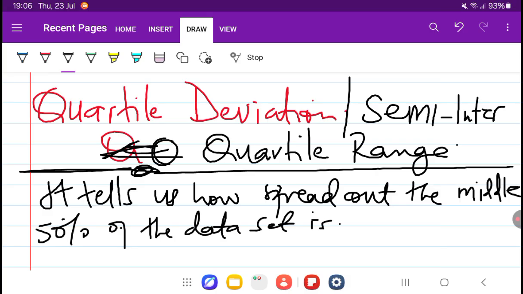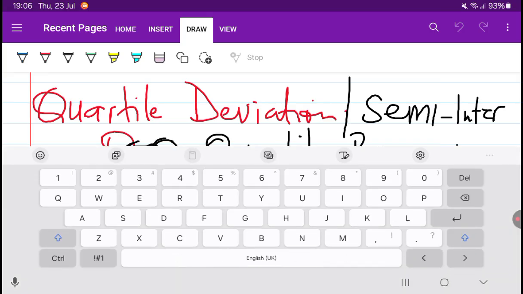In other words, it tries to tell us how the data is going to be spread as long as we are looking at the half of the data, because 50% is actually half of the data set. So we look at the data set and we tell how that 50% of the data set is spread out.